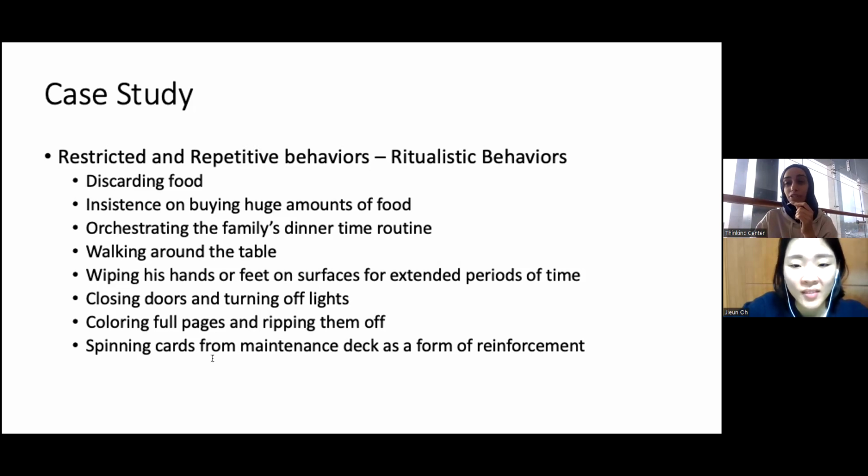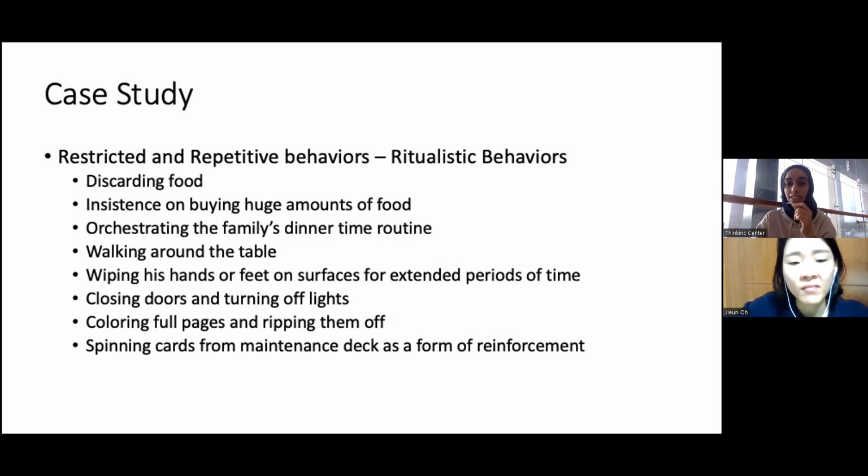But we had to stop doing that because he would insist that his dad spin the cards over and over again, to the point where it was becoming very inconvenient, and he would insist that his mom does that too, at different times of the day. It was becoming very difficult for the parents to keep the cards around, so they had to hide them from him.